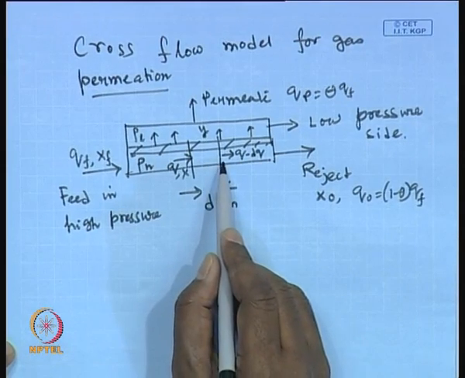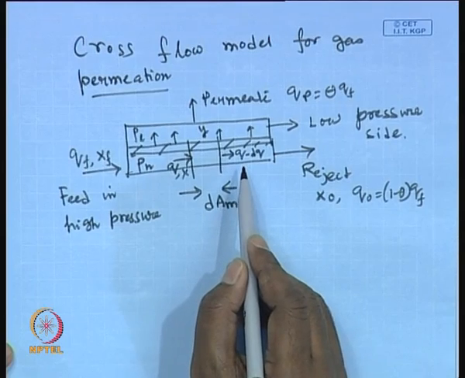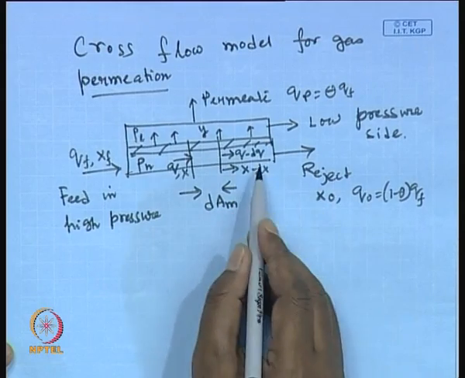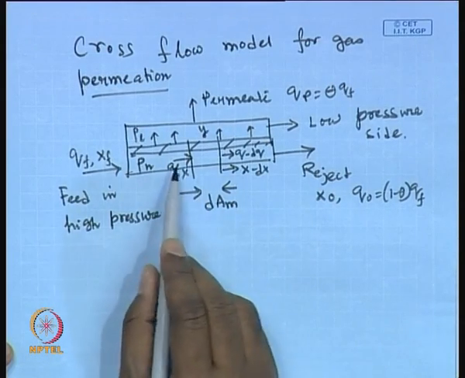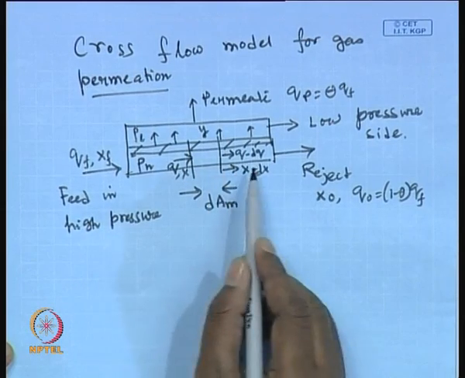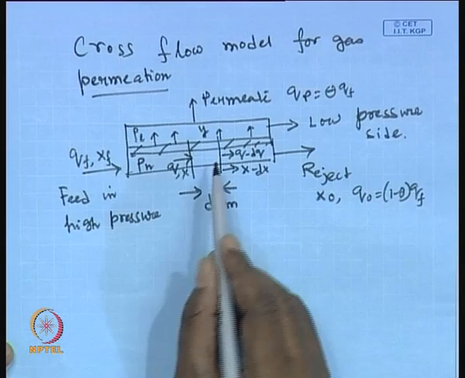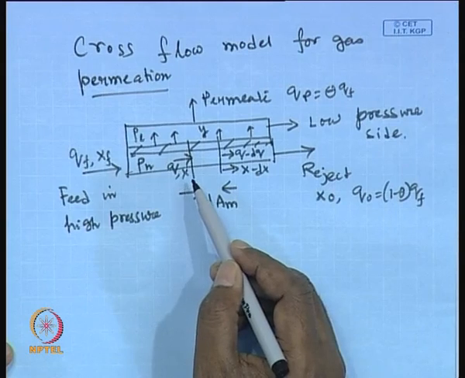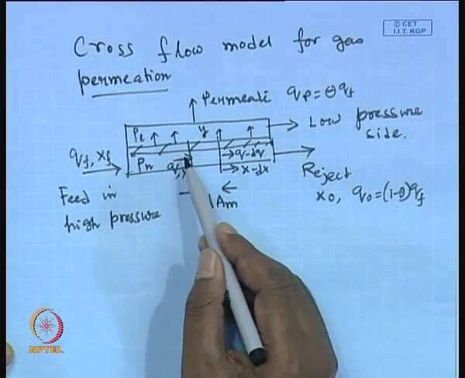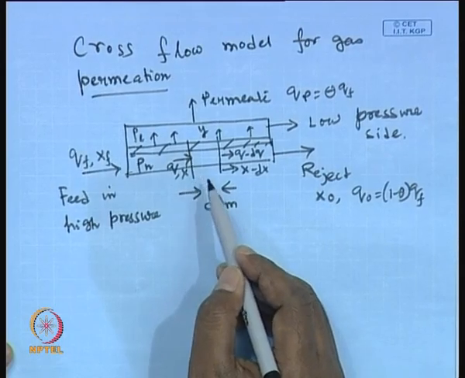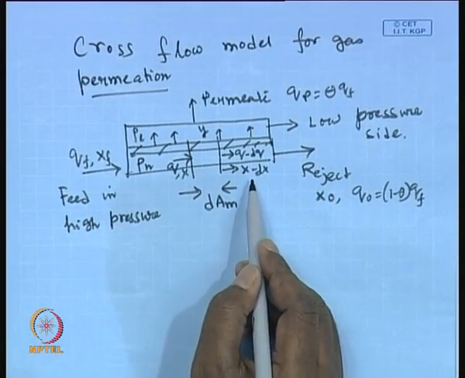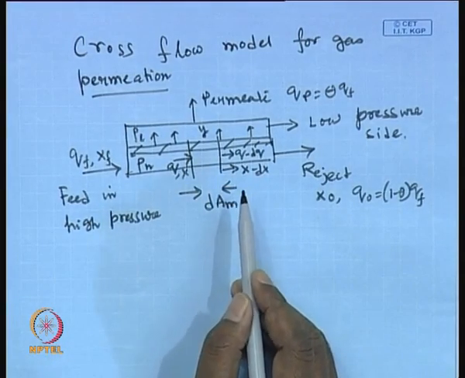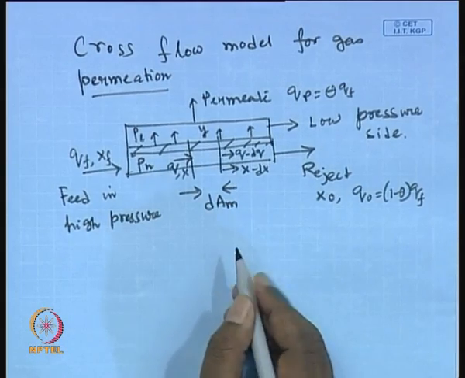At the exit of the differential element, the flow rate will be Q minus dQ, and the mole fraction will be x minus dx. Why will these be negative? Simply because as you go along the length of the membrane, the feed flow rate will be decreasing, because some amount is already moving over to the permeate side, and similarly some amount of the desired solute will also be moving into the permeate. So, the mole fraction will also be decreasing. So, x minus dx is the mole fraction and Q minus dQ is the flow rate at the exit of the differential element.